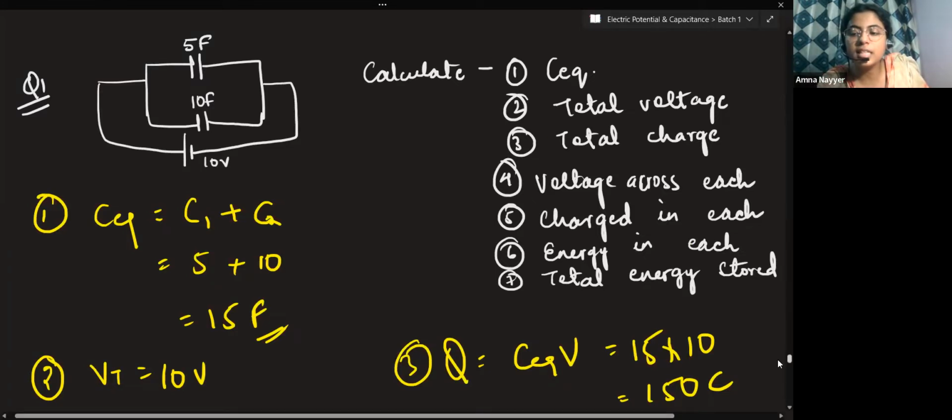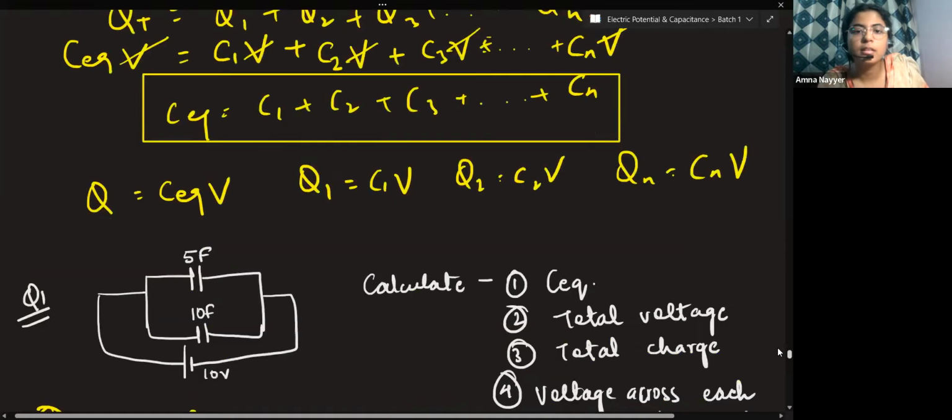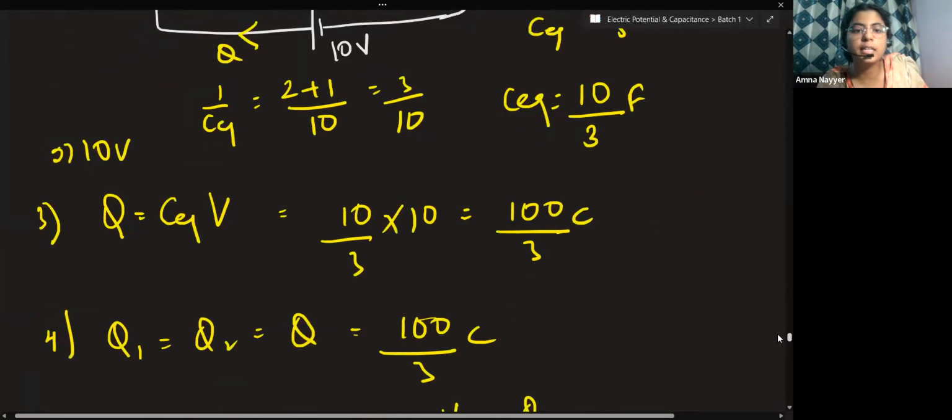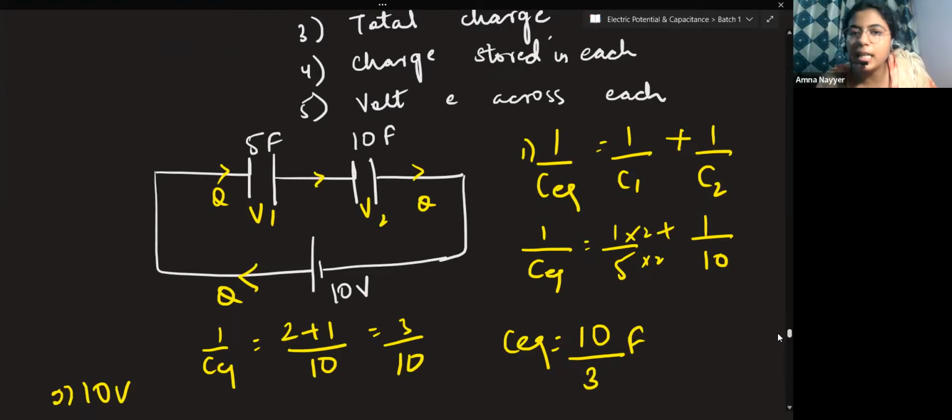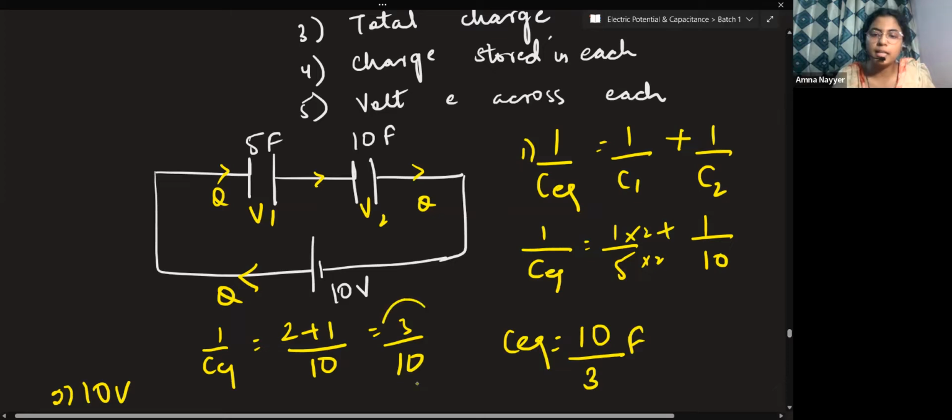In case of series combination, the formula was for 1 by C equivalent. So the 3 by 10 that we were getting is equal to 1 by C equivalent. But the answer wants C equivalent.